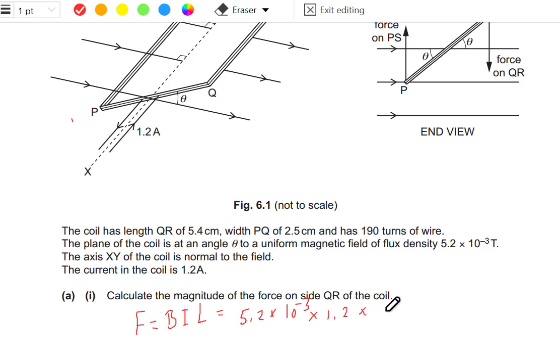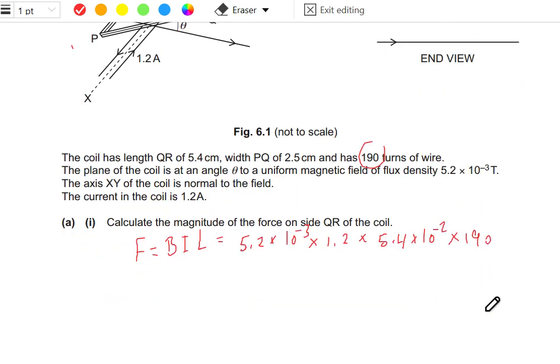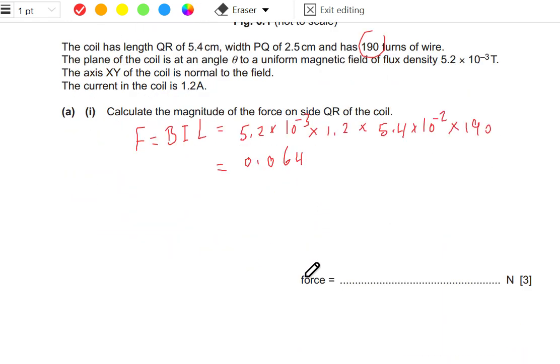L here is the length of QR, which is 5.4 centimeter. But don't forget that we have 120 turns. So we have the final answer in Newton.